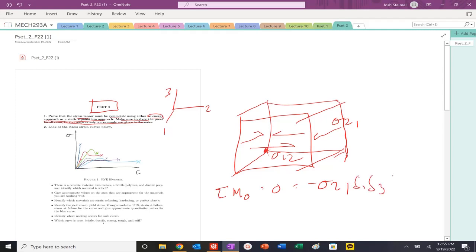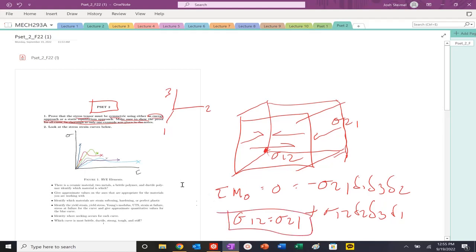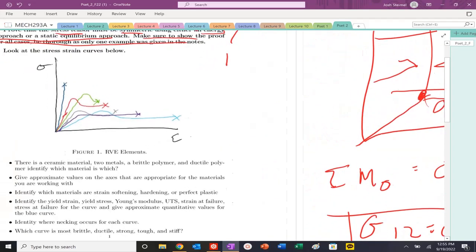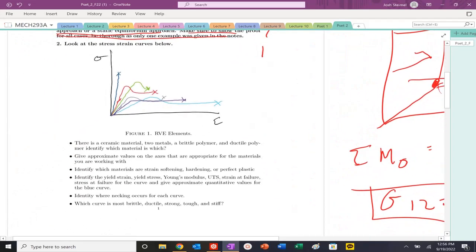It's operating on delta 1 delta 3, and my distance to the origin is delta 2. Then my sigma 1, 2 is going in the counterclockwise direction. It's operating on delta 3 delta 2, and the distance to the origin is delta 1, and we get our similar expression. We've seen this before, and this should be fairly well known to us at this point.